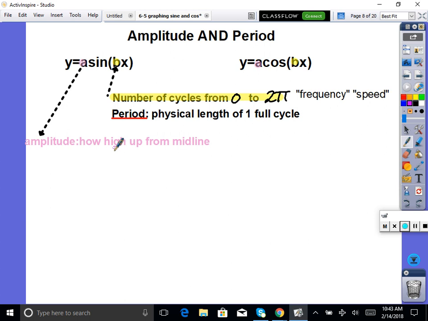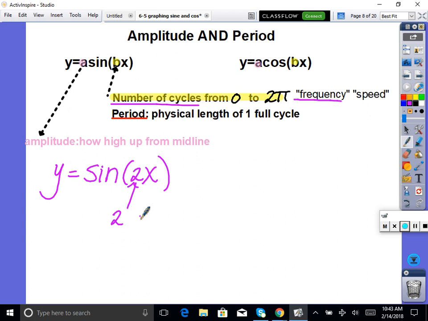Or another way to think of it is the frequency. How frequent it happens. So B is the frequency or the number of cycles from 0 to 2 pi. So if we have y is equal to sine of 2x, what that literally is saying is we have 2 cycles from 0 to 2 pi.